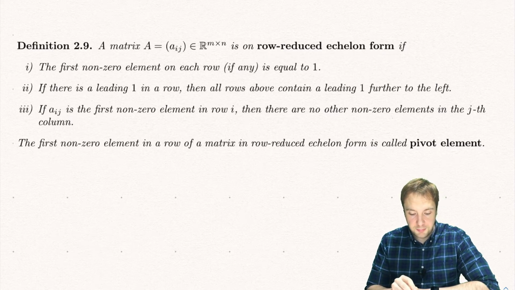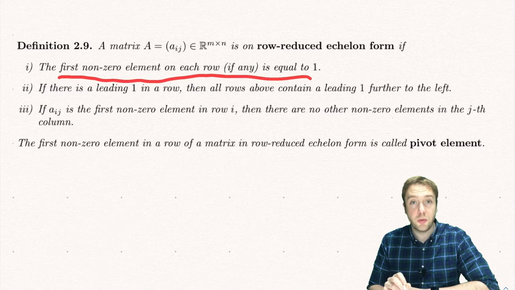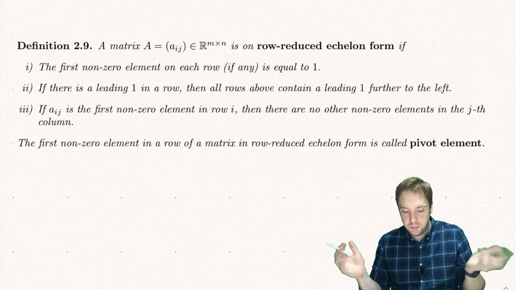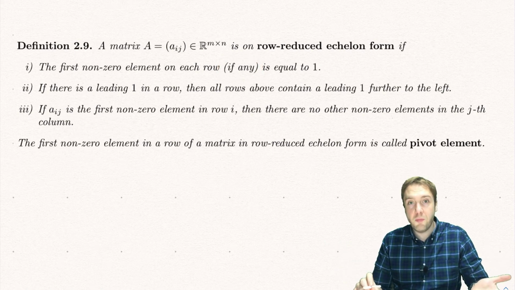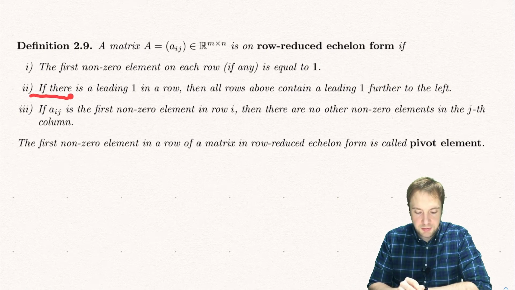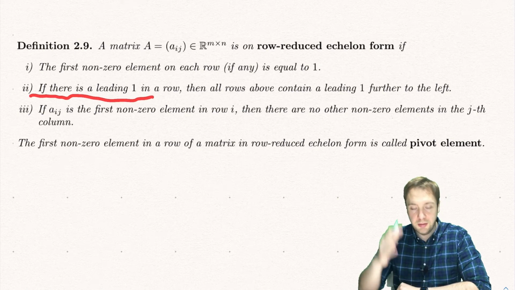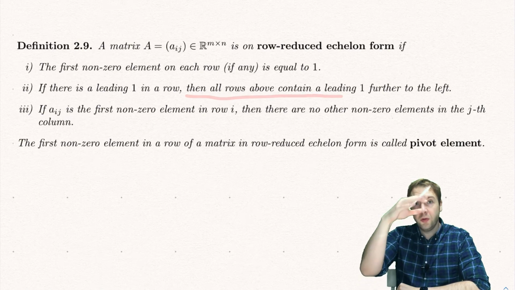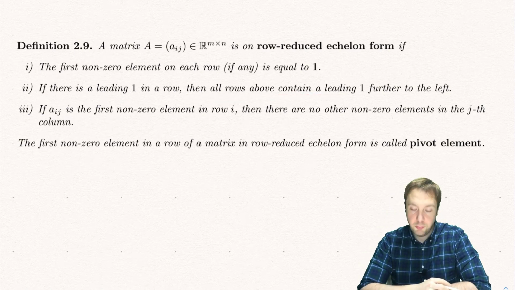This means that the first non-zero element on each row is 1. If there are any, it could be that there are no non-zero elements, for example the zero matrix where everything is 0. Then the second statement: if there's a leading 1 in some row, then all the rows above have some 1 on the left.